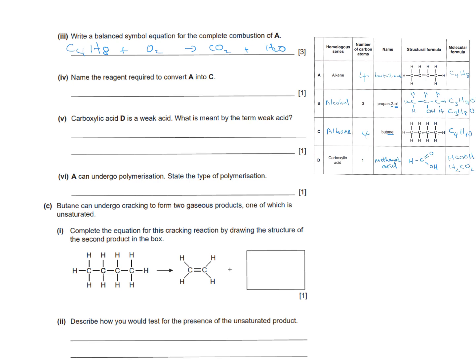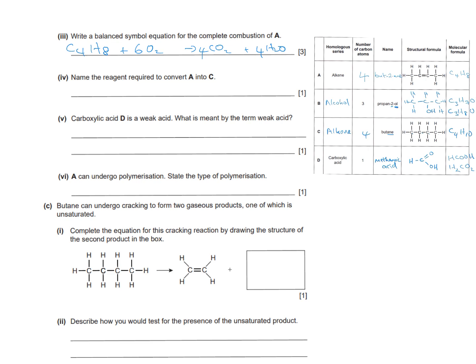So we've got 4 on the left. That means we need 4 carbon dioxides on the right. Then do the hydrogens. You can see there are 8 on the left. We need 8 on the right. So put a 4 there. And then finish off with the oxygens. So 2 4s are 8. Plus 4, that's 12. We need to make this 12.